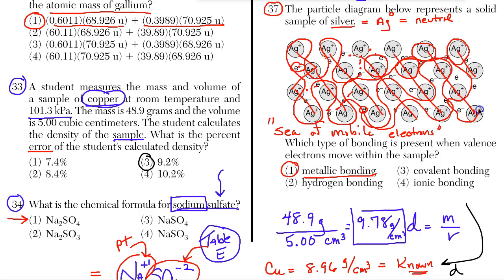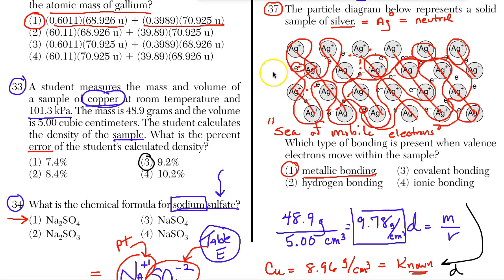So all of these ions are attracted in all directions to all the electrons, and their electrons are able to move because they're held loosely. And that's the reason why you can bend, twist, and heat these guys and shape them into any shape, and that's why they call it malleability. It's a property of metals because of this bonding. Another property, you can pull these guys to be very, very thin because of this type of bonding. Think about it. These ions can attract in all directions, so they can be drawn into a very, very small little wire. It's called ductility.